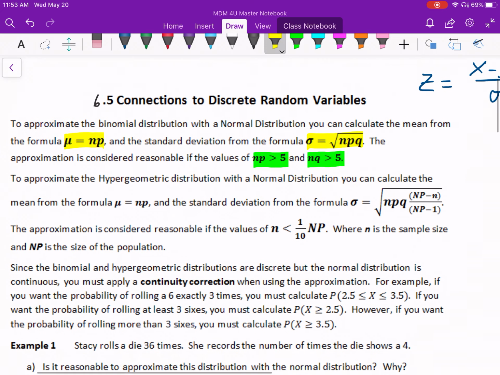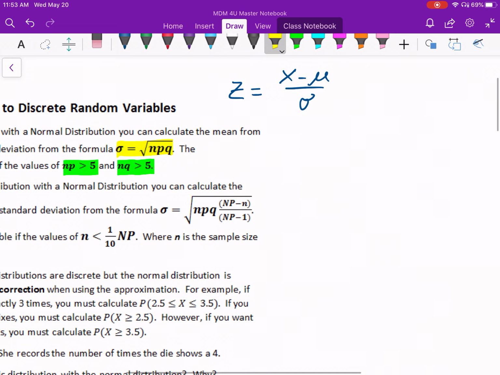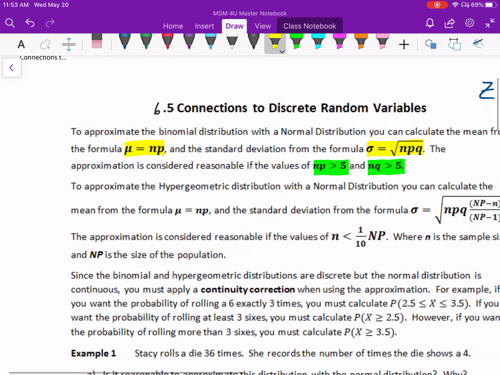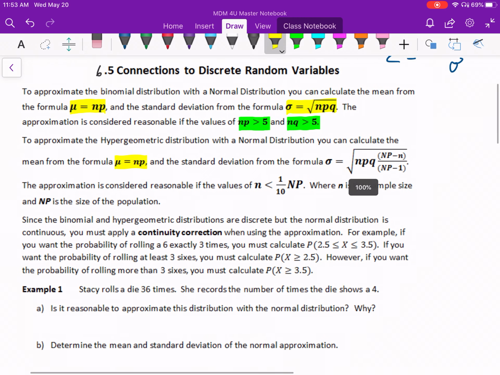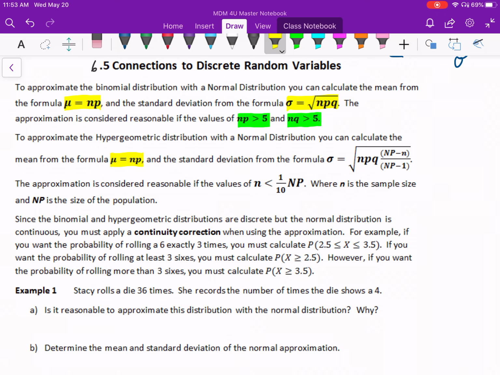And again, we still need to go back to this z-score formula, so I need the mean and standard deviation. Mean is again n times p, so that's easy. And standard deviation, sigma, is a little bit more.